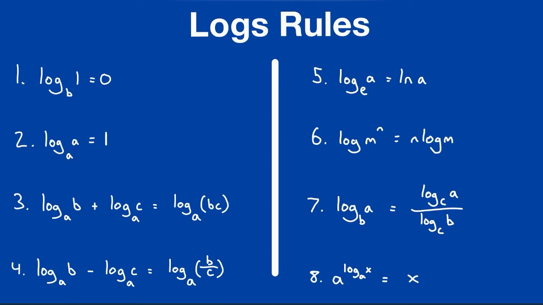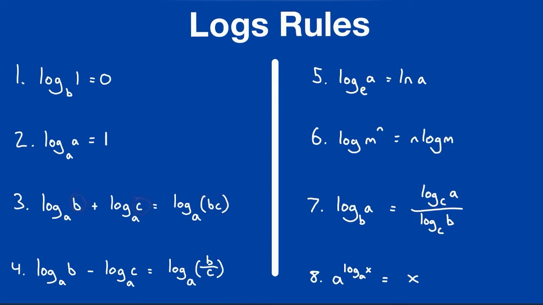Now when we're adding logs with the same base, that's very important. They have to have the same base, then only can we add them. So say it was log base 10 of 2 and log base 10 of 3. Then the result will be log base 10, the base remains the same throughout, but the argument inside is the multiplication of the two arguments.